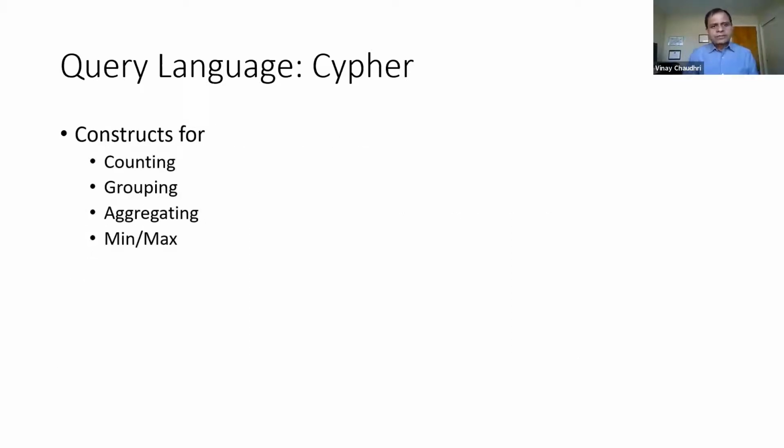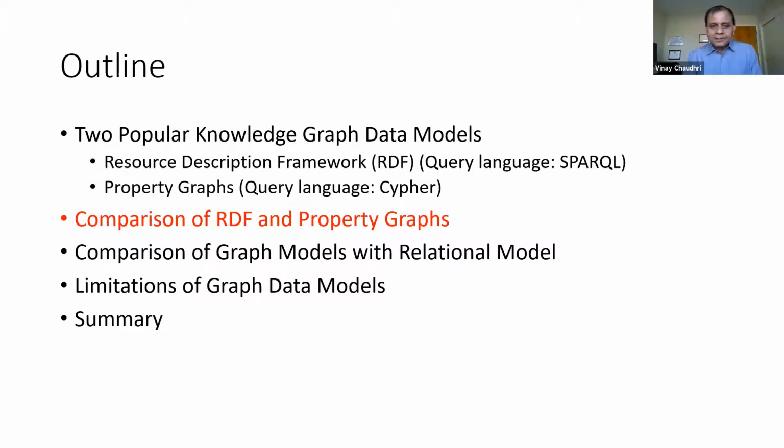Cypher also has a comprehensive range of constructs for counting things, for grouping things, for aggregating things, for taking mins and max, etc. Again, I'm not going into detail. I just wanted to introduce the language to give you a feel for what it is like, so that we can talk about the comparison between RDF and property graphs, as to how they're similar and how they're different.